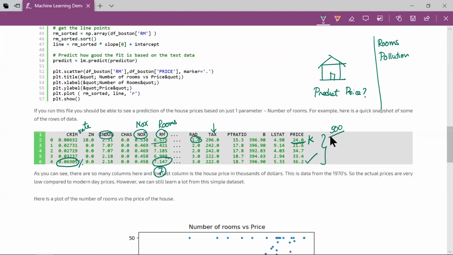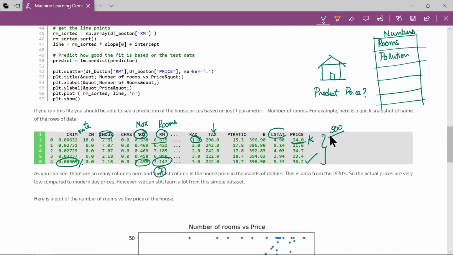I'm saying this is the pollution, nitric oxide, 0.458. I'm quantifying everything. Everything is a number. We'll see when we look at the algorithms that unless there are numbers, machine learning doesn't understand things. We'll see those examples.